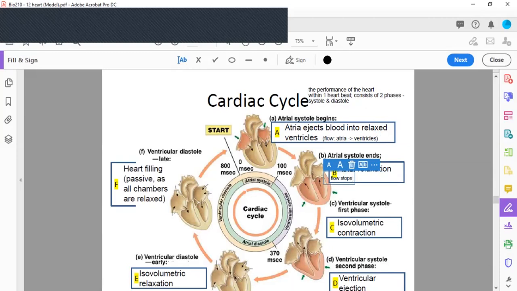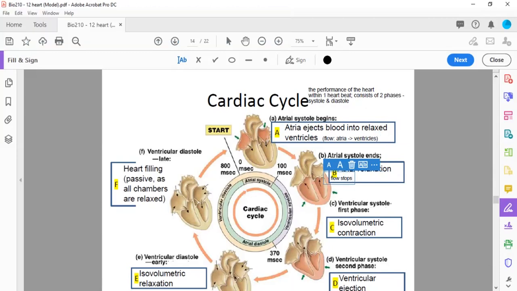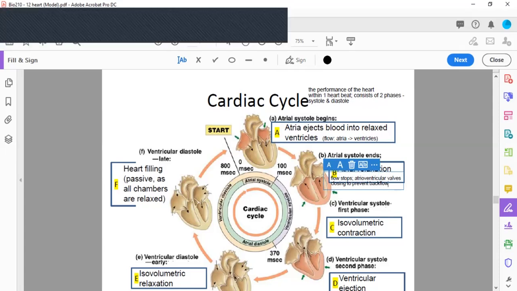The flow stops, and the valve closes to prevent backflow. As you can see in this case, the arrow goes back, but since the valves aren't opening, the blood can't go back into the atrium.